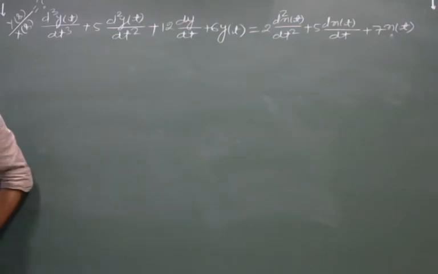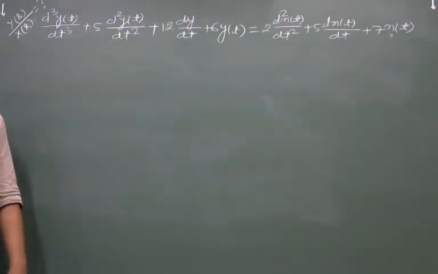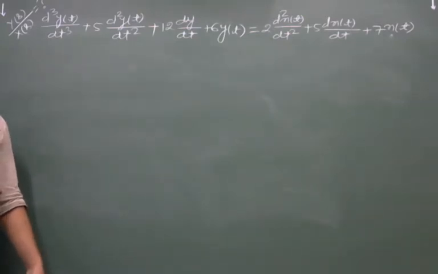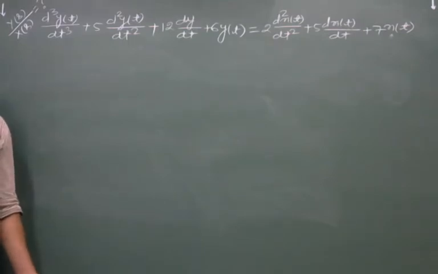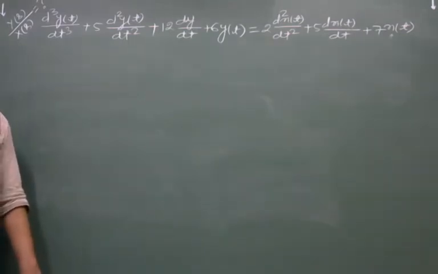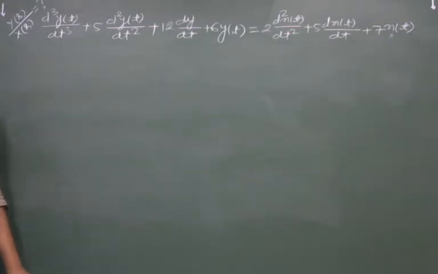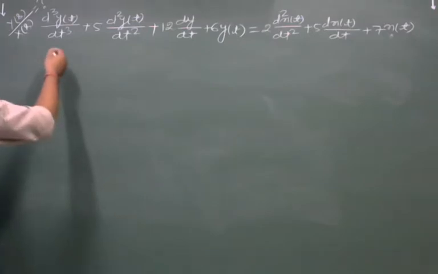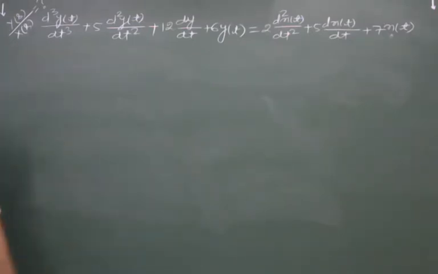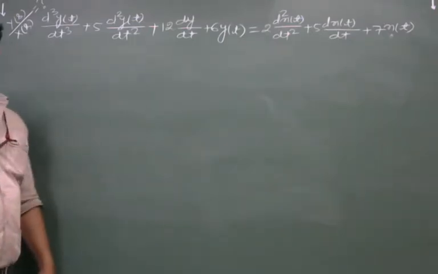So it would be convenient if we take the Laplace transform of both sides and convert them as y of s upon x of s and then get the inverse Laplace transform. It would be easier and have much less complexity than the conventional method of solving the differential equation.